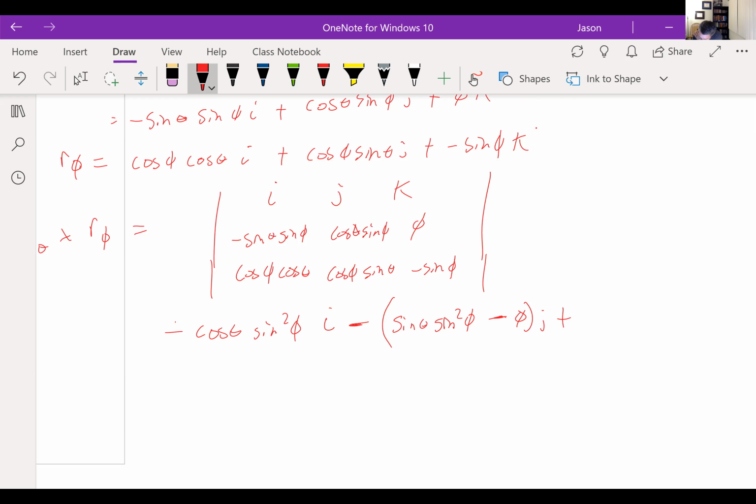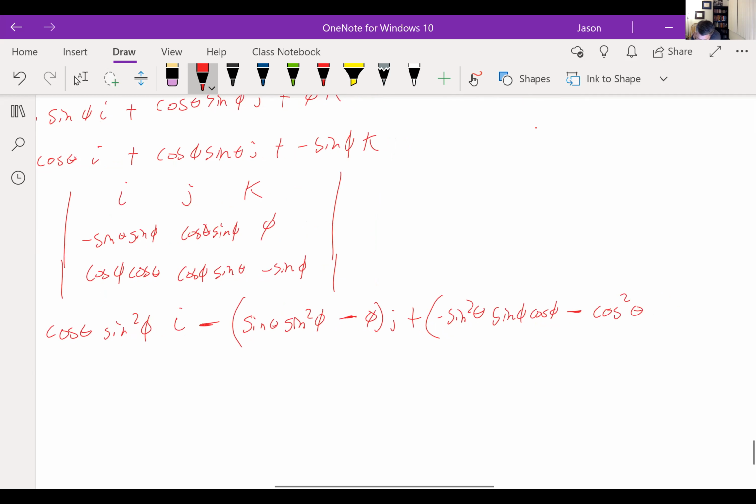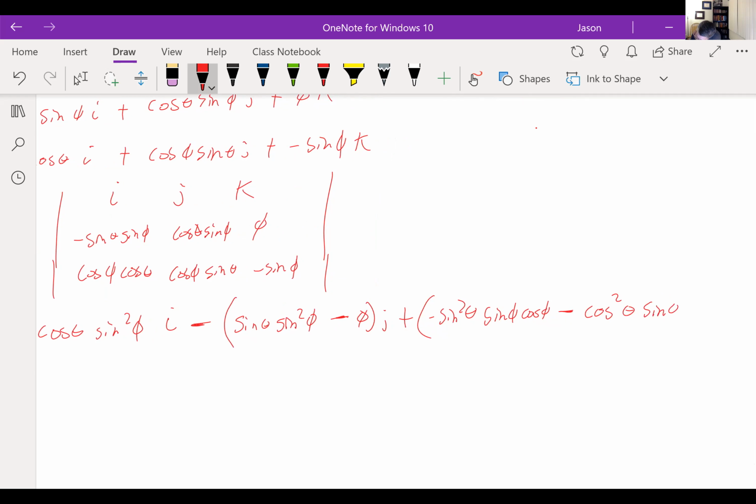Cosine phi. So we've got negative sine squared theta, and then sine phi cosine phi, minus cosine squared theta, and then again sine phi cosine phi, k.